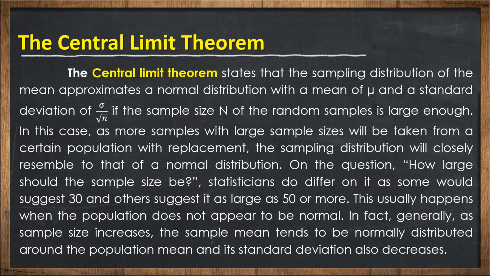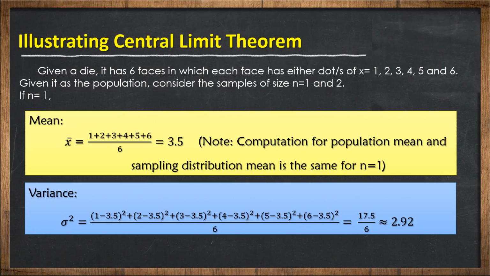Now, illustrating the central limit theorem, given a die, it has 6 spaces in which each space has dots, x is equal to 1, 2, 3, 4, 5, and 6. Given it as the population, consider the sample sizes n equal to 1 and 2.